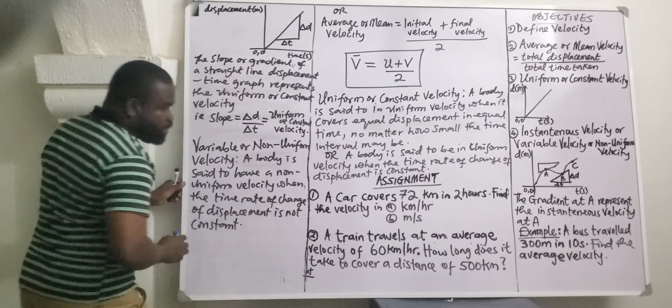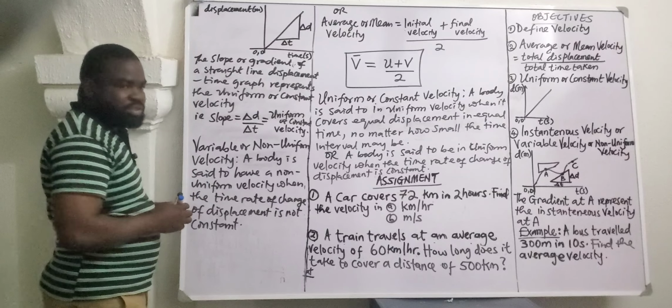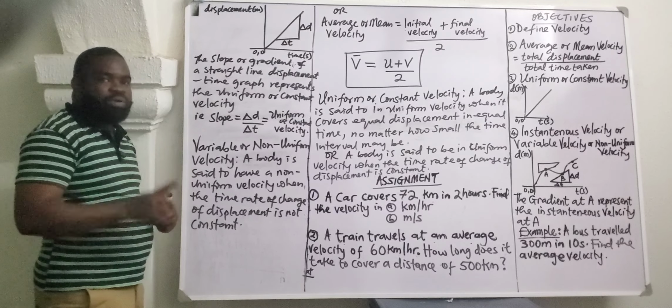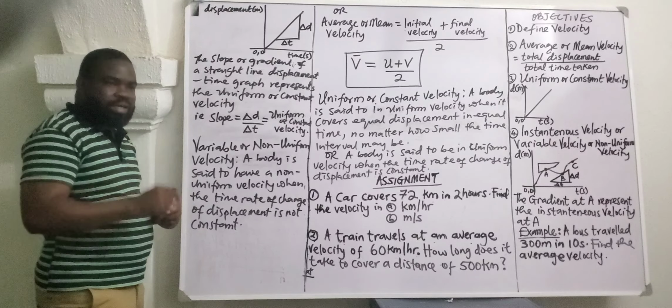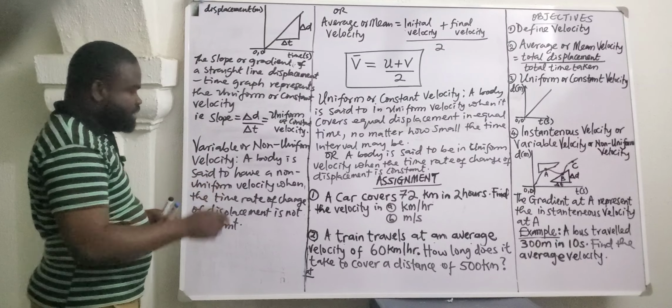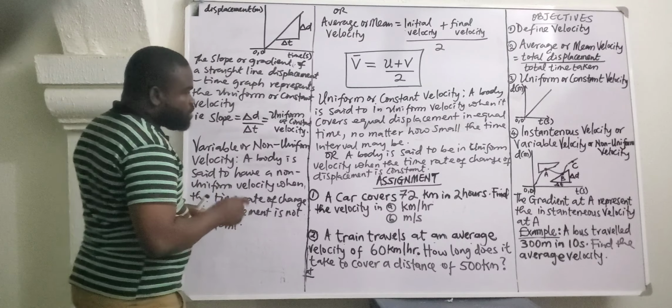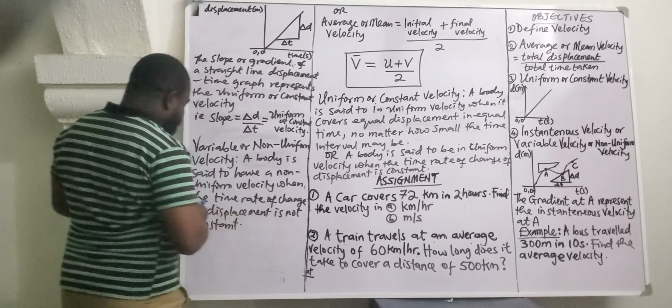And I said, in such case, the velocity can only be determined at a particular instant in time. Hence, it is called what? Instantaneous velocity.